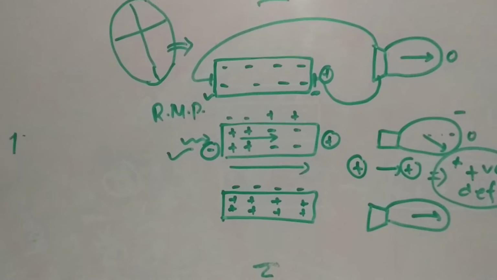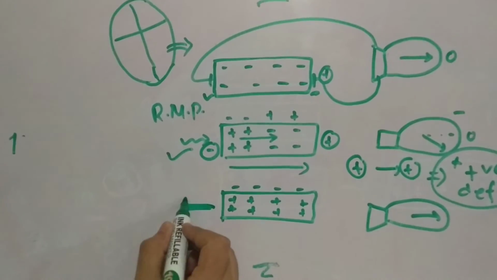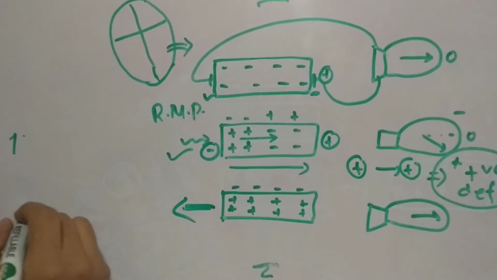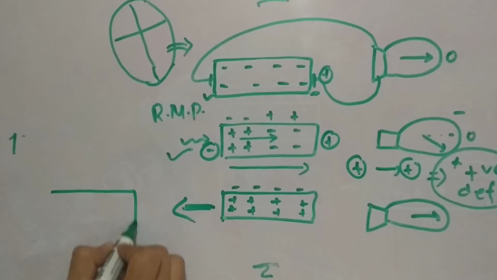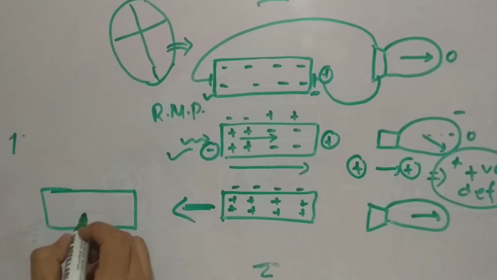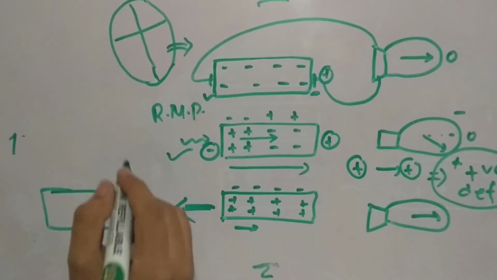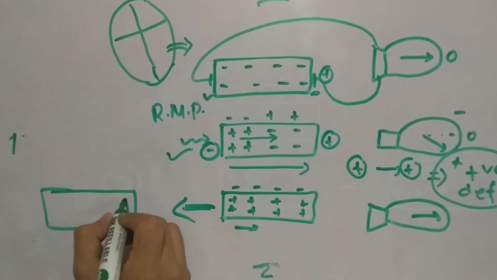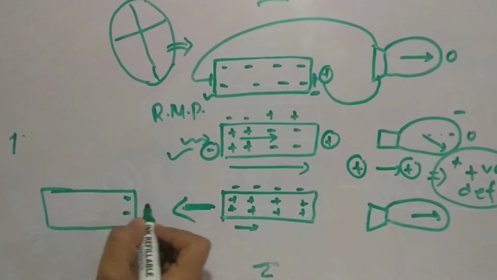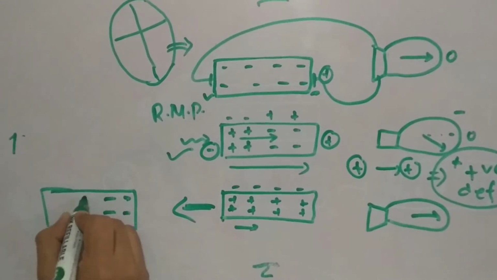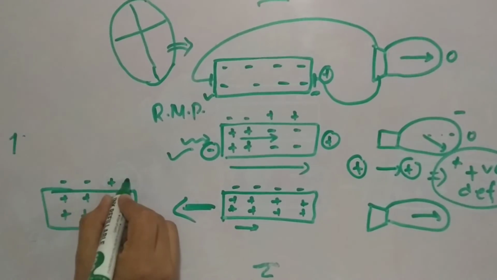For example, now it is fully polarized here. After a while it becomes repolarized. This is our same myocardium. Initially the propagation took place in this direction. Now repolarization will take place in this direction. So here it will be negative charge, and here it will be positive, positive, positive, positive. Outside it will be negative, here it will be positive.